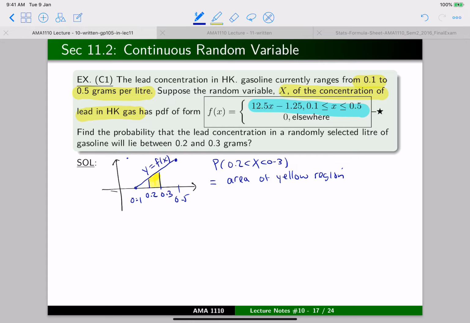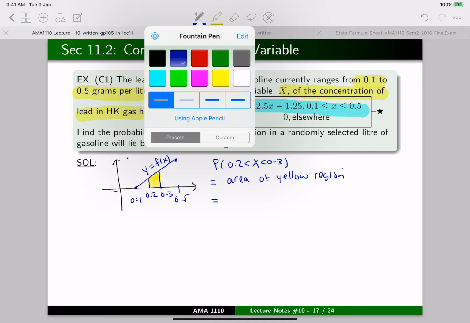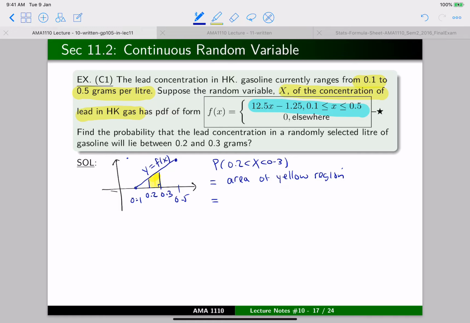So we can just use the triangle formula. There's a big right angle triangle here, minus the area of the smaller right angle triangle. This goes from 0.1 to 0.3, and this has height f of 0.3.